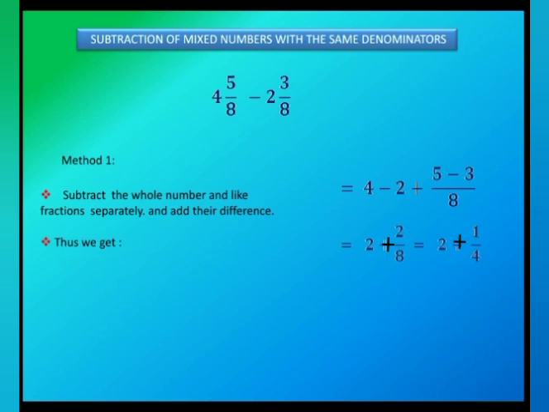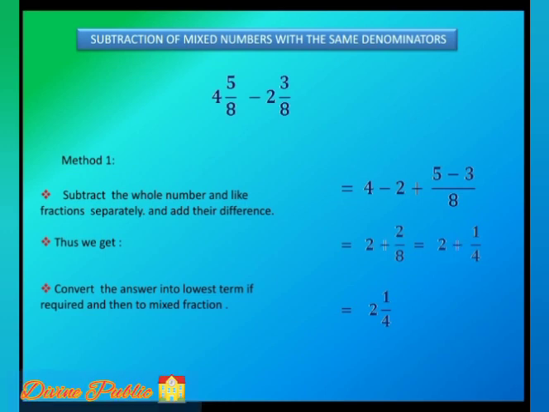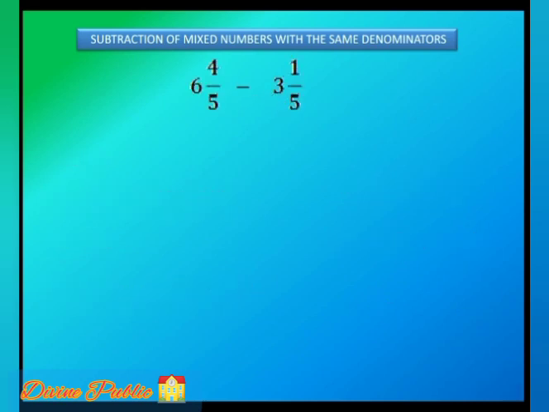After converting 2 upon 8 into lowest terms, we will get 2 plus 1 upon 4. Now convert the answer into a mixed fraction, that will be 2 whole 1 upon 4. Now let us see another example with the different method, that is method 2.